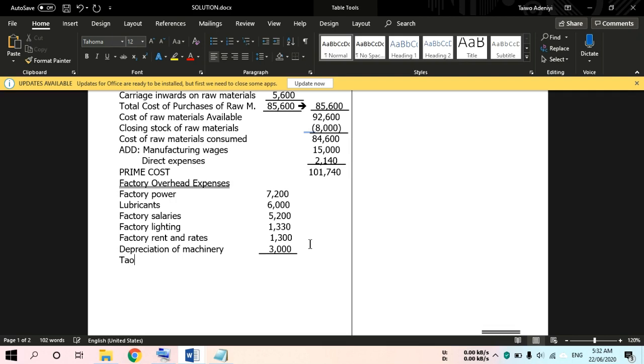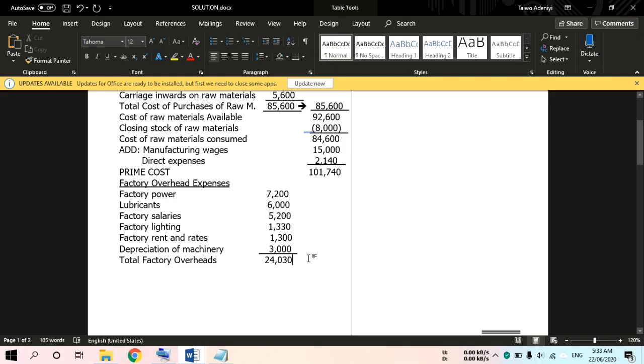That represents our total factory overheads. 24,030 naira. Good.